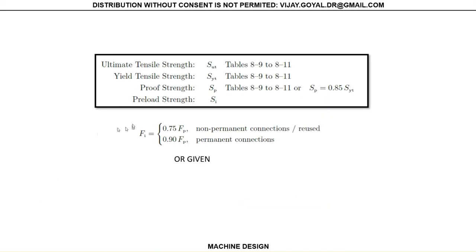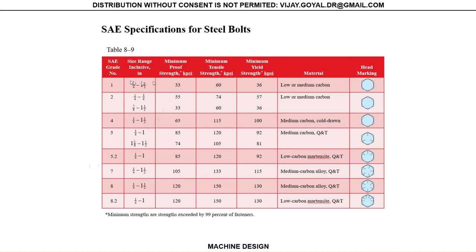Just as a review, remember what tables you use to find yield, ultimate, and proof strengths. That comes from tables 8.9 all the way to 8.11. They give you your yield strength, your ultimate strength, and your proof strength.